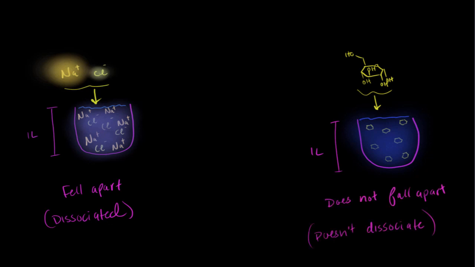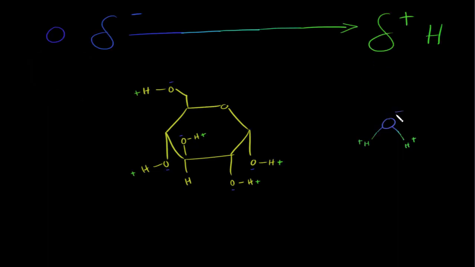It does not dissociate. And when we look at water in comparison to glucose, we can see that glucose has very similar polar covalent bond situations going on here. We have all of these OH groups all over glucose, and that's very similar to this OH situation in water, where oxygen is a little more negative and hydrogen's a little more positive.